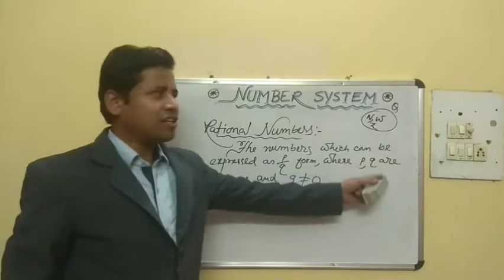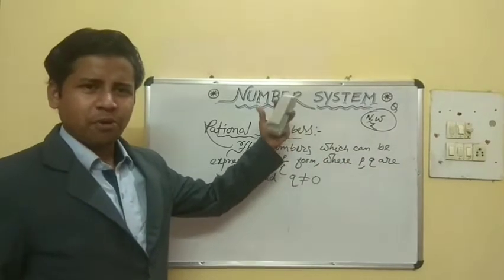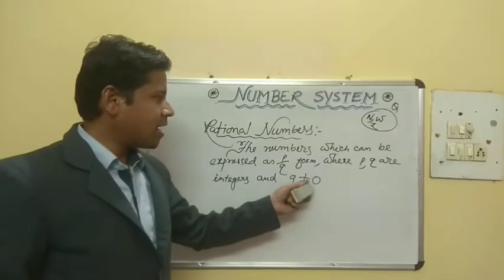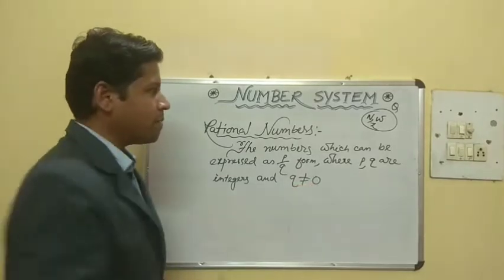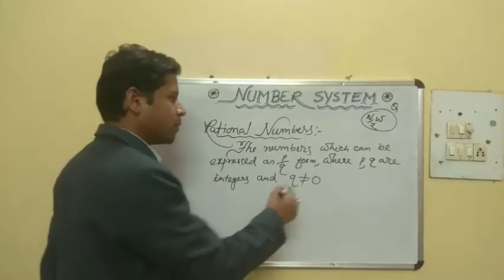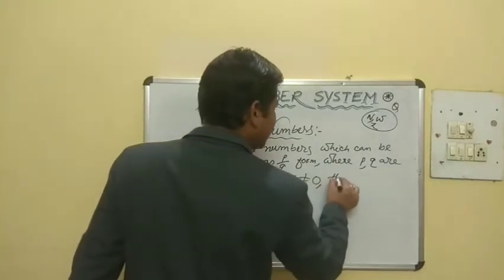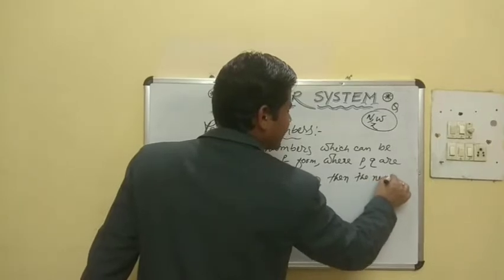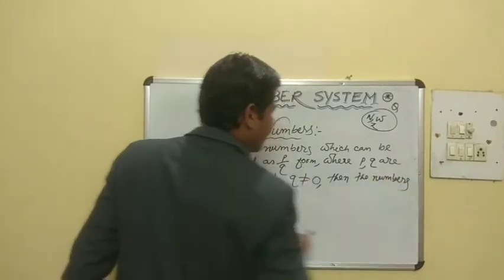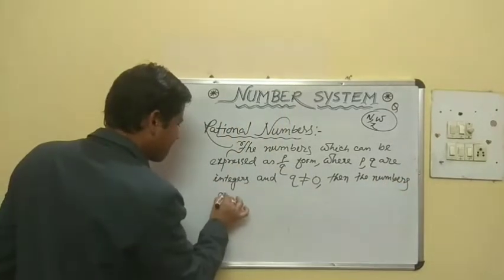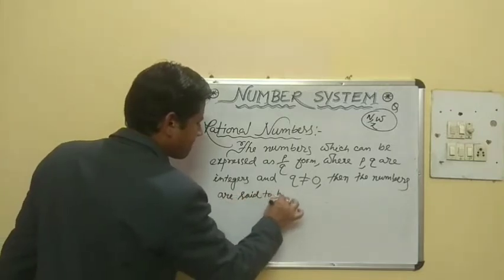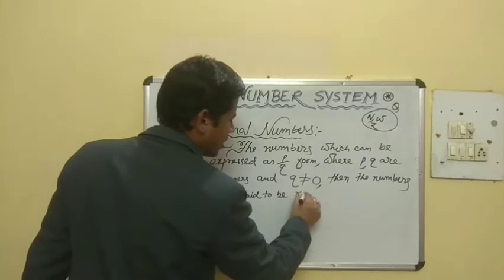P and Q are integers. We know the integers are positive integers, negative integers, and also 0. But here Q should not be 0. P may be 0, but Q should not be 0. Then the number is said to be a rational number.